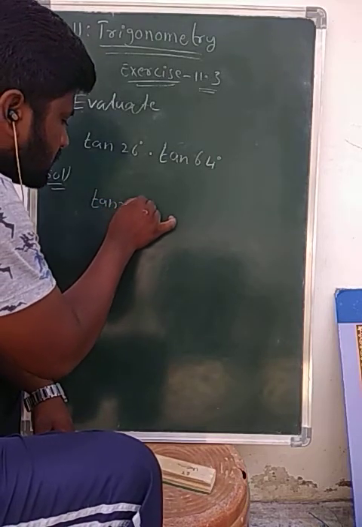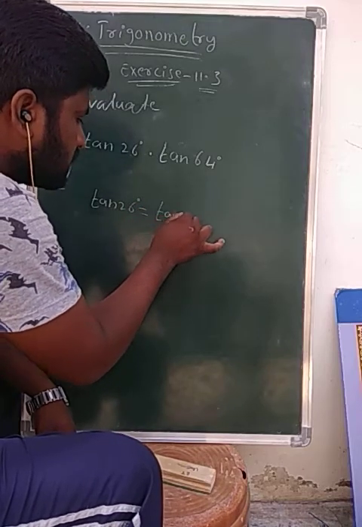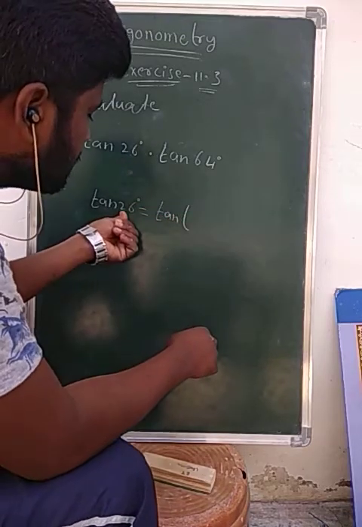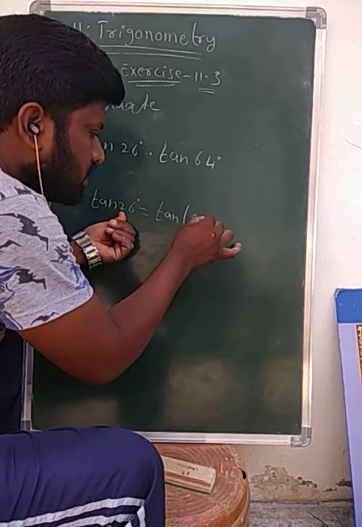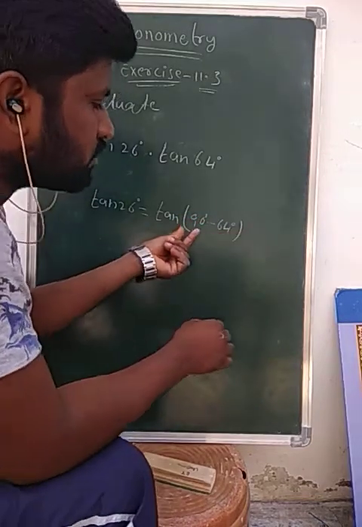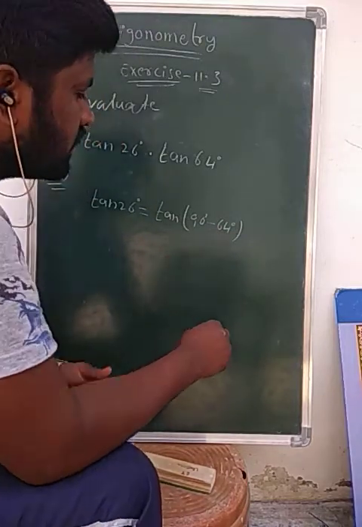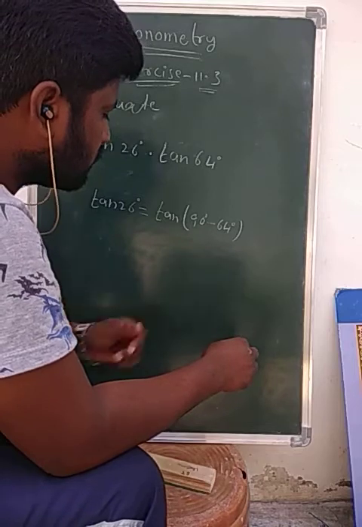Tan 26 degrees, tan ratio only. We can write 26 degrees as 90 degrees minus 64 degrees. Here the formula is applicable. What is the formula?